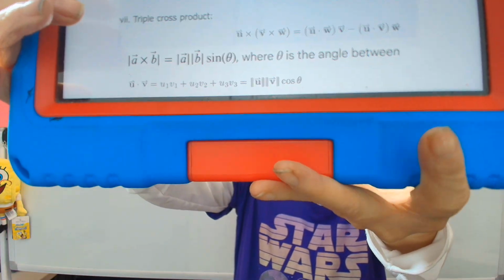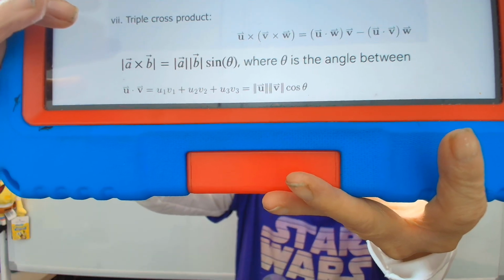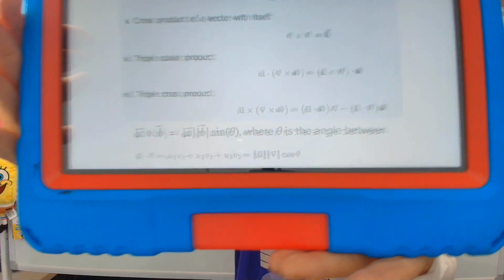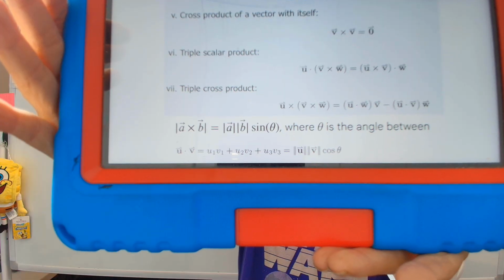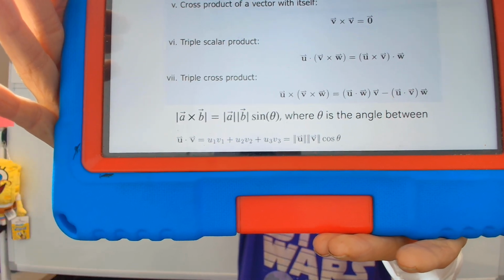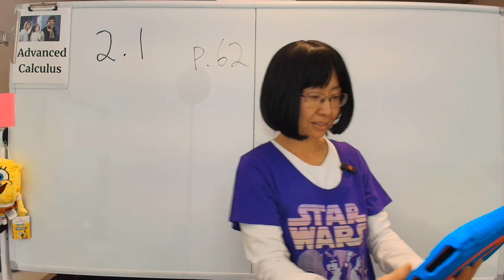So finally, there's the definition of the magnitude. Remember, the magnitude of the cross product is AB sine theta, whereas the dot product is UV cosine theta. So remember all this stuff.